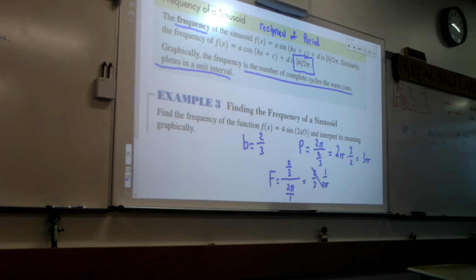And so the 2's cancel, leaving me with 1 over 3 pi. Now, this is going to be the number of completed cycles the wave completes in a unit interval. That means at one interval, we've completed 1 out of 3 pi. Just the opposite way of thinking, okay? So remember, if it's asking for frequency, just do the opposite, b over 2 pi. Okay?